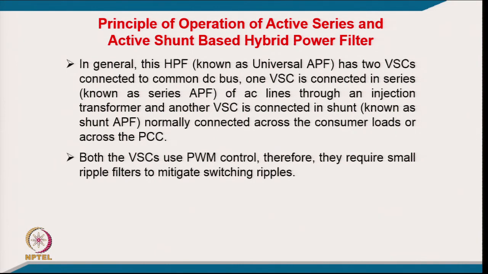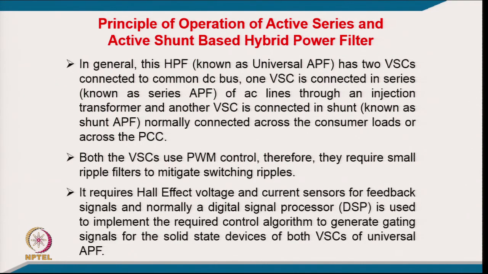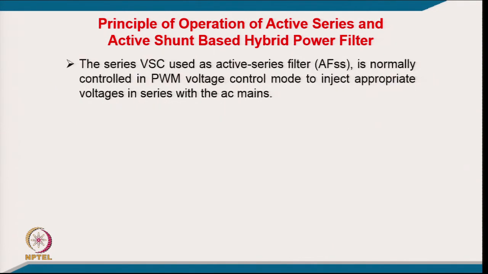Both voltage source converters use PWM control, therefore they require a small rating ripple filter to mitigate the switching ripple, and they require of course Hall effect voltage and current sensors for feedback signals, and normally a digital signal processor is used to implement the required control algorithm to generate the gating signals for the solid state devices of both voltage source converters of the universal active power filter.